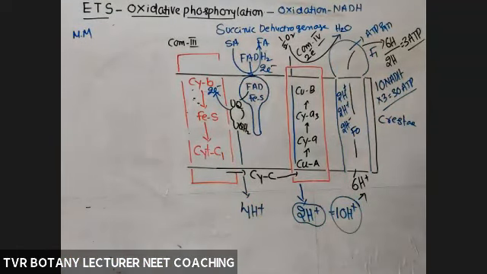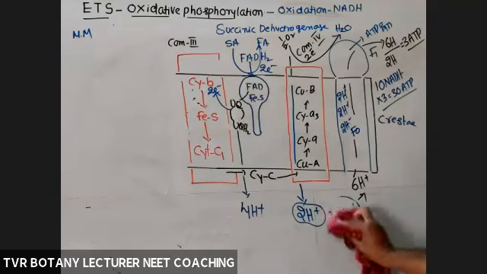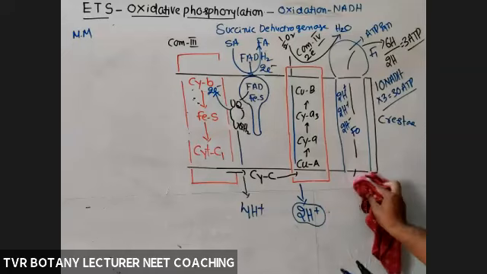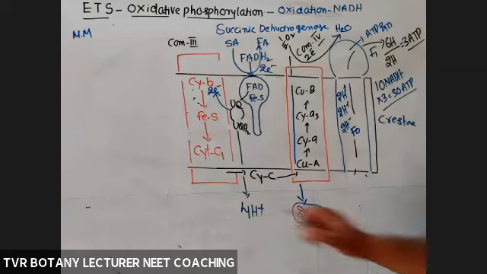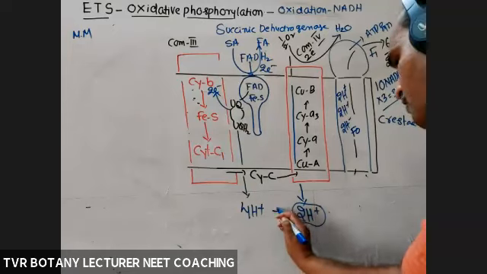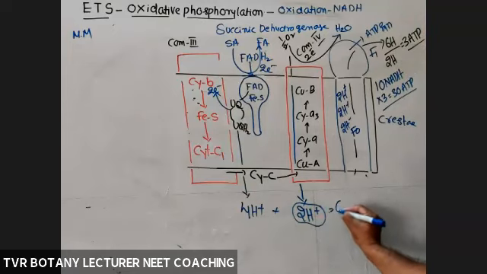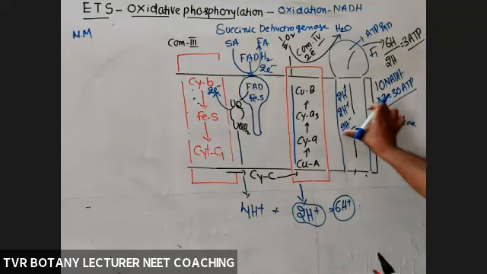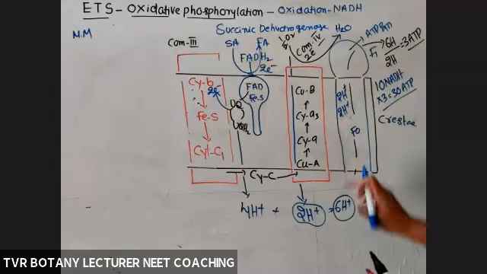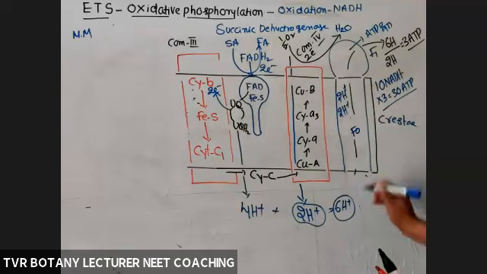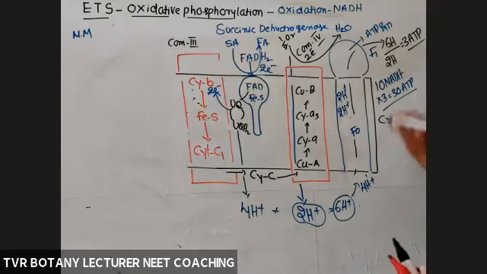Okay, right? Next, what about the number of H+ available? 4 plus 2. How many available? 6H+. Out of 6, how many are involved here? 2 plus 2, 4 involved. 4H+ only involved.